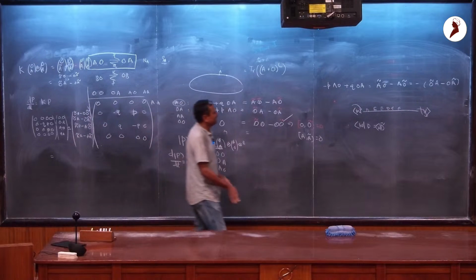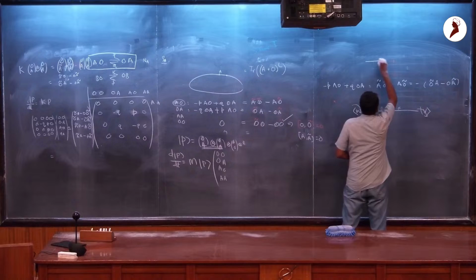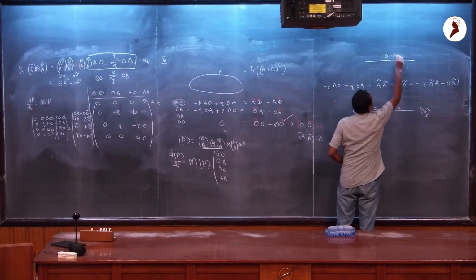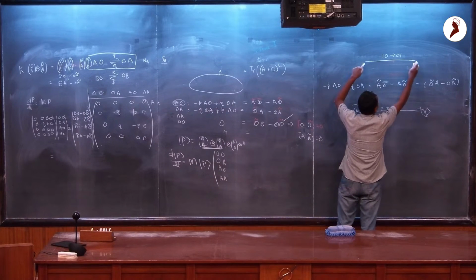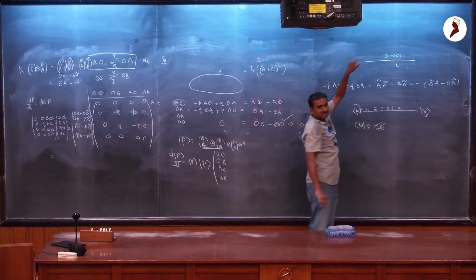So let me say another problem, just to answer your question. You have a problem where the dynamics is just 1, 0 goes to 0, 1. It's a lattice of finite size L, each point can have 1 or 0, and particles just move forward.